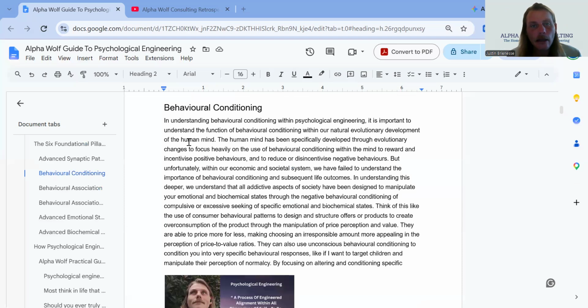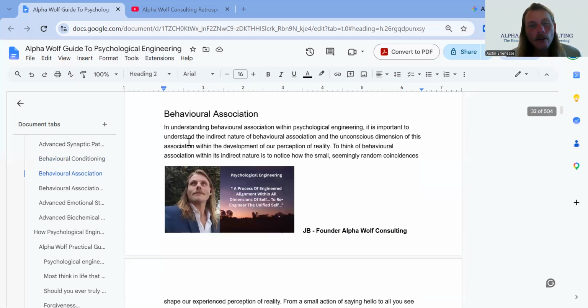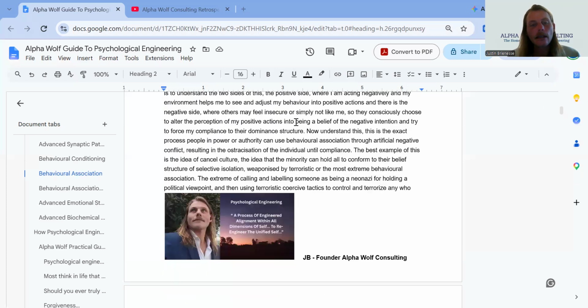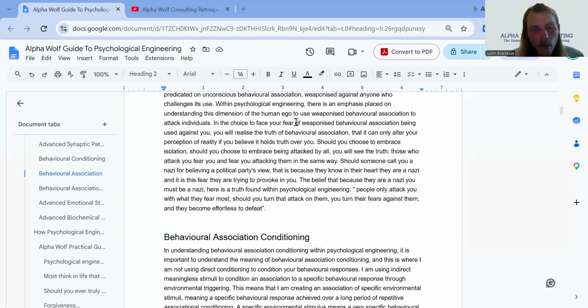Behavioral association, being in those environments, shapes and conditions us. Understanding behavioral association conditioning, actions within specific environments can condition and trigger states of mind.